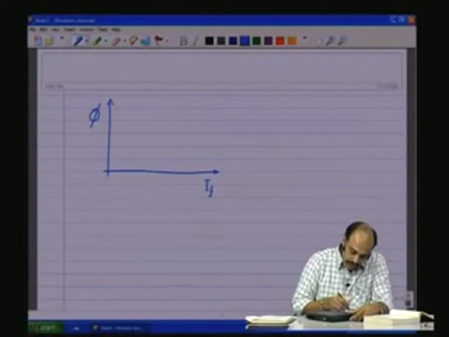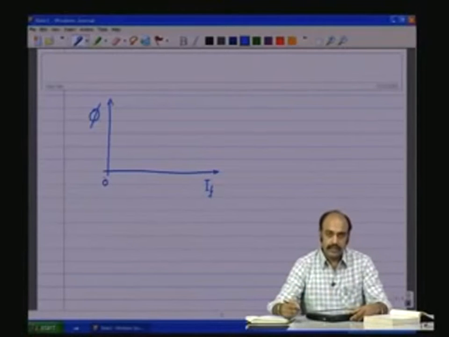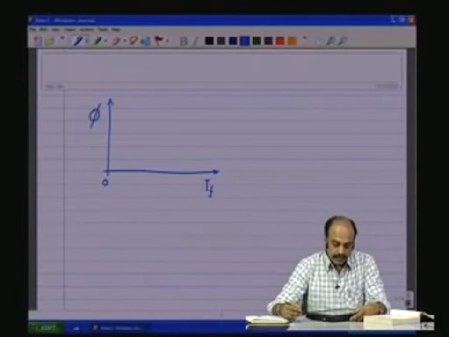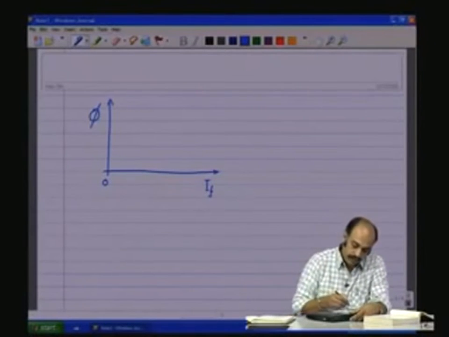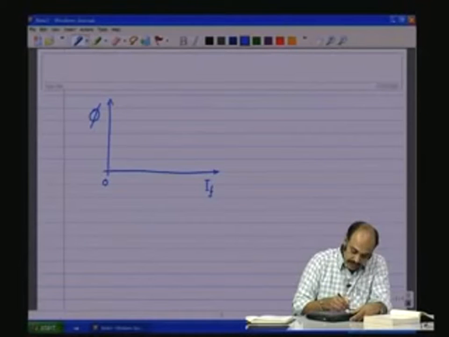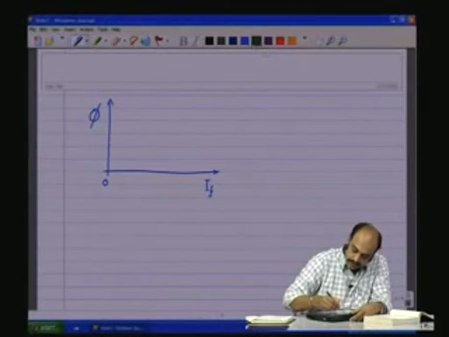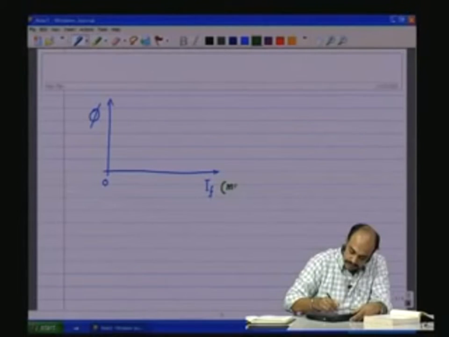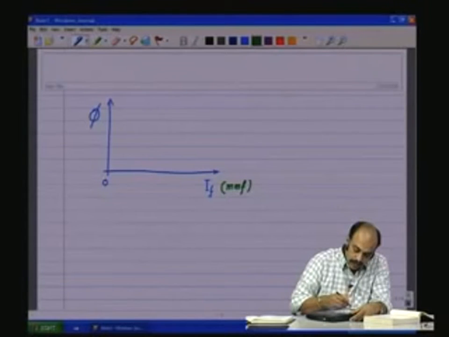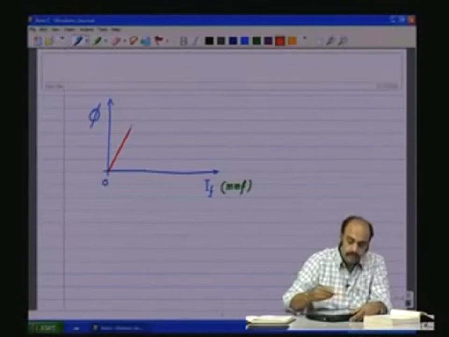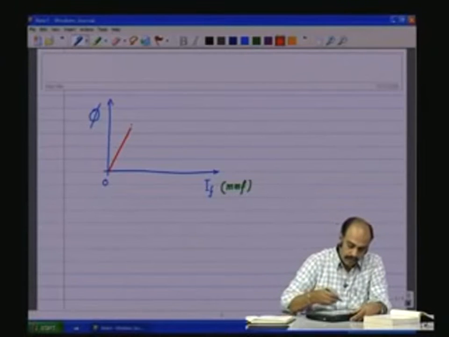Now, if we look at the graph of I_f versus the flux, as I_f increases, this I_f is actually trying to provide the MMF, the ampere turns, by which we get a flux curve which is like this.